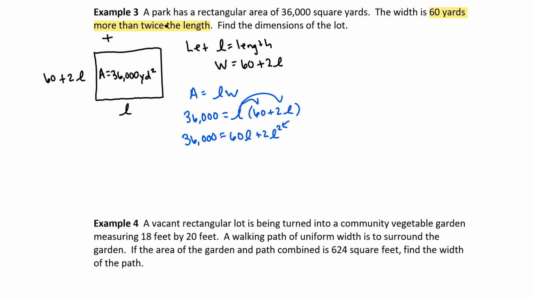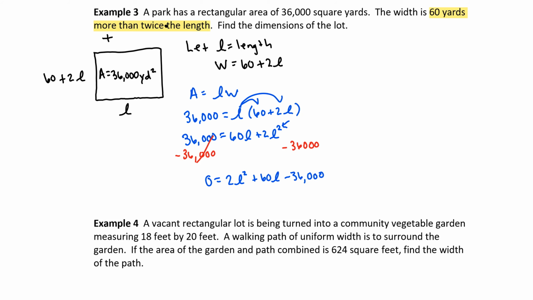So what I'm going to do is subtract 36,000 from both sides so that I leave that 0 behind over here on the left. And I'm going to rearrange the right side so that it's in descending order. So I'm going to start with the 2L squared term first, and then the 60L and minus 36,000.